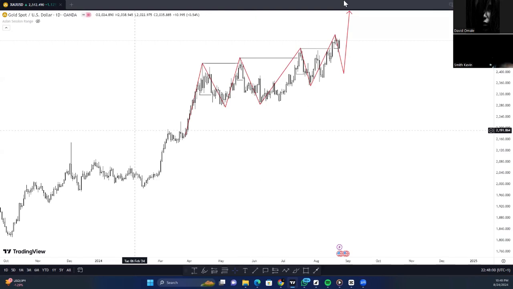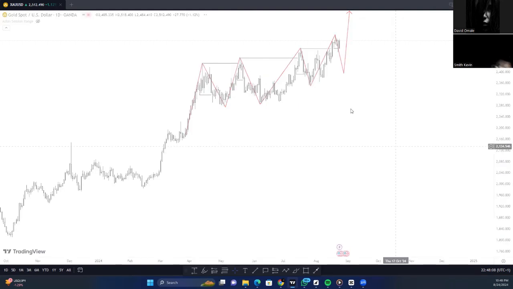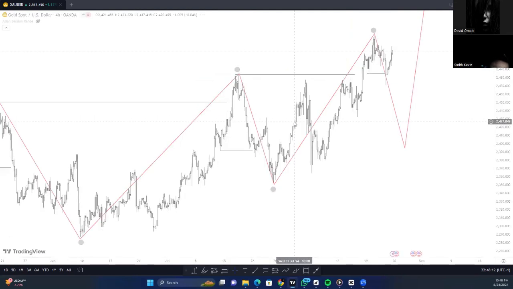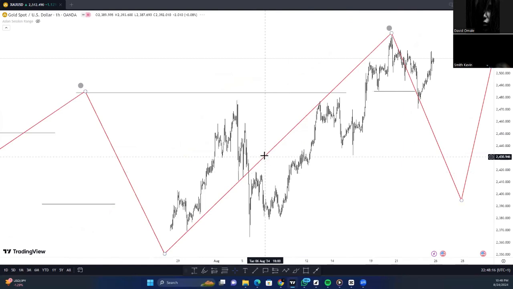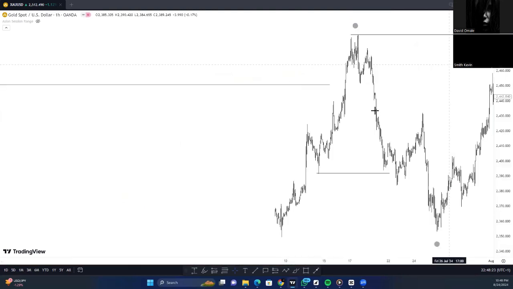So I think that's that. Let me still map out lower time frames so that we get a clearer view of what we are doing.